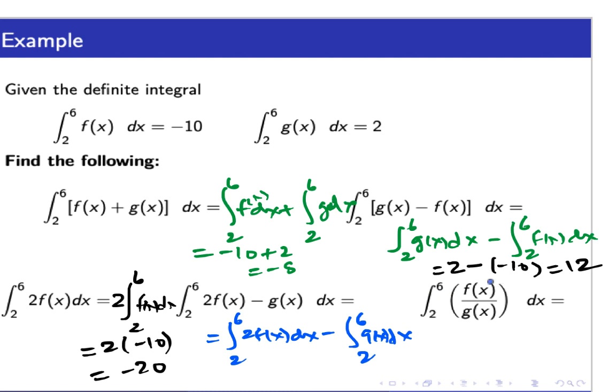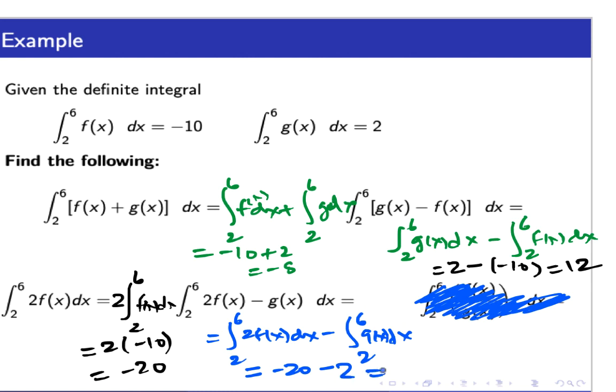Oh, that was a mistake, guys. We haven't learned this one, so please remove this one. I did not see that. Okay, so 2 to 6 of 2f(x) is already, the answer is negative 20, and minus 2 to 6 of g is negative 2.